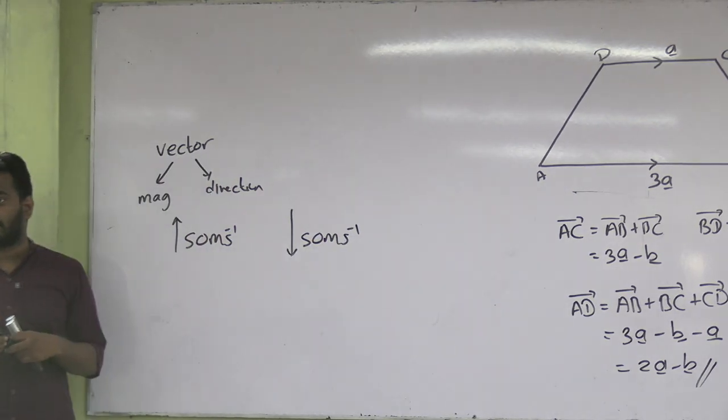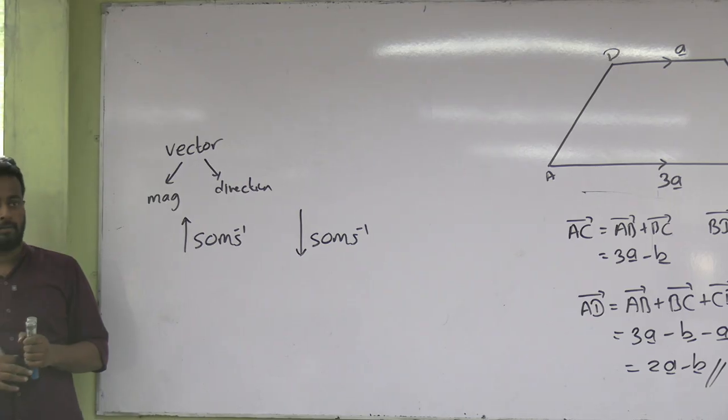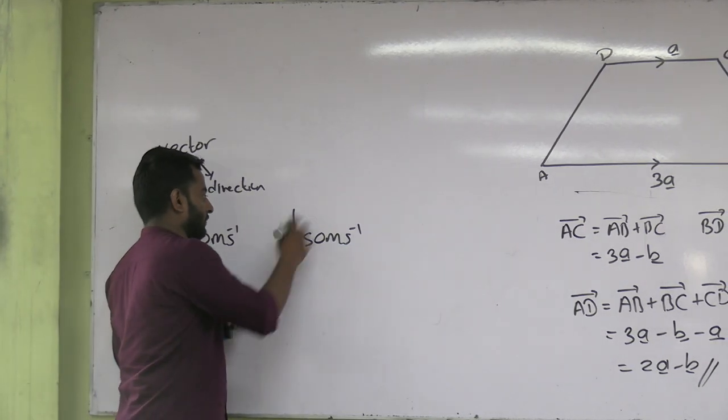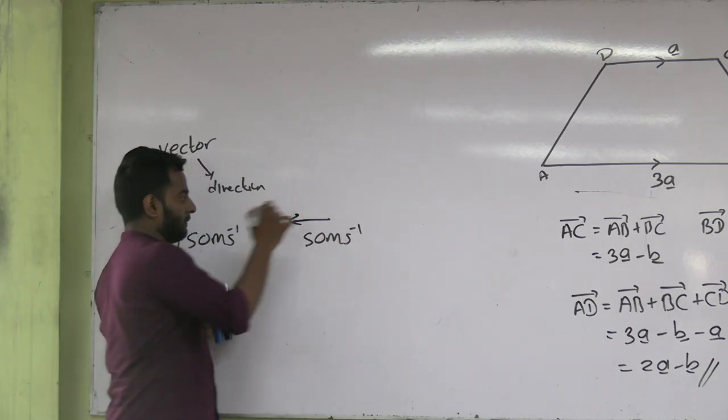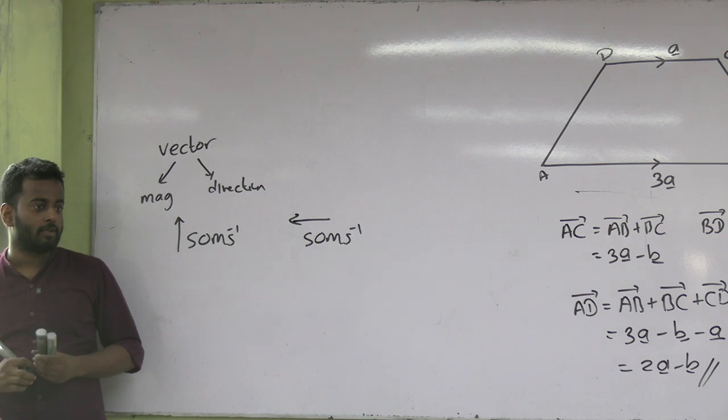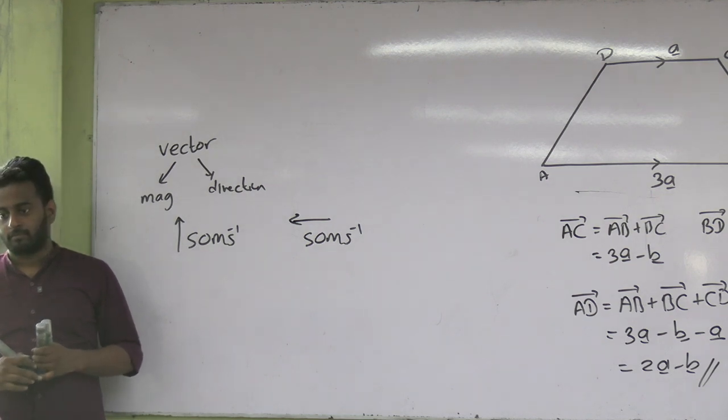Are these two velocities equal to each other? Another velocity: the man is moving towards west with 50 meters per second. Are these two velocities equal to each other? What do you think? Is it equal or not?